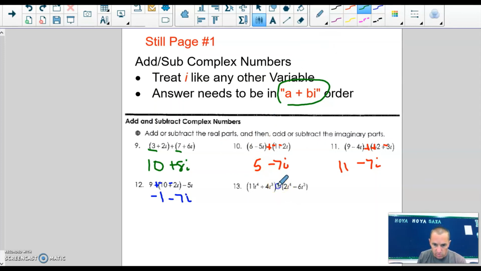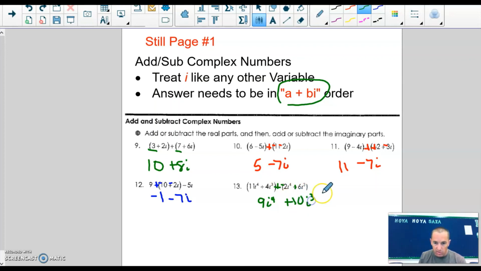We'll go to plus negative 2 and a positive 6. So now we have 11i to the 4th plus negative 2i to the 4th, which is 9i to the 4th. We have 4i to the 3rd plus 6i to the 3rd, which becomes plus 10i to the 3rd.